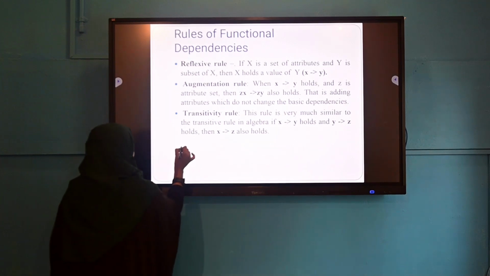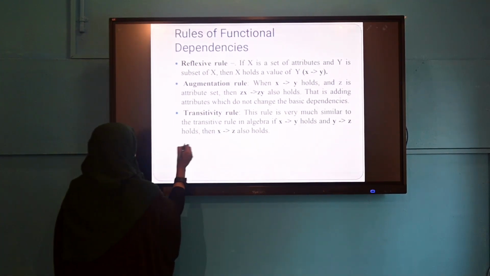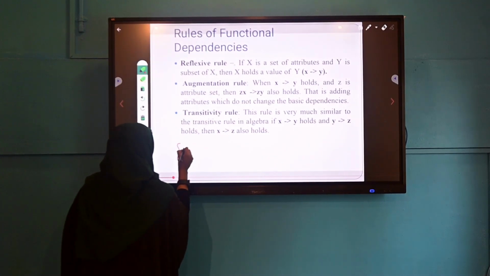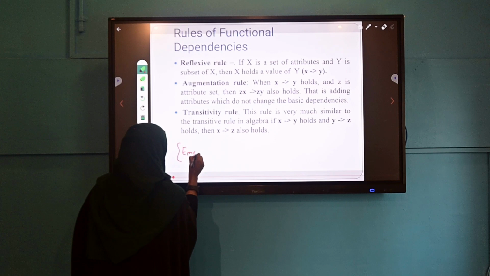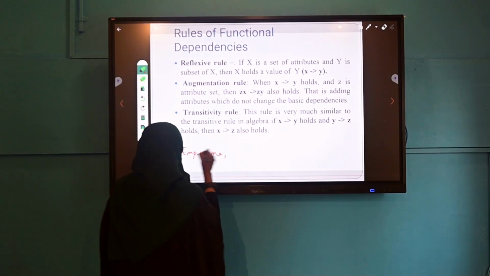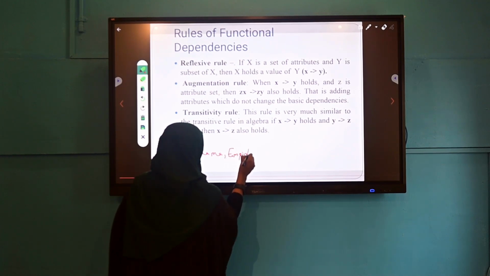For example, employee name, employee ID.